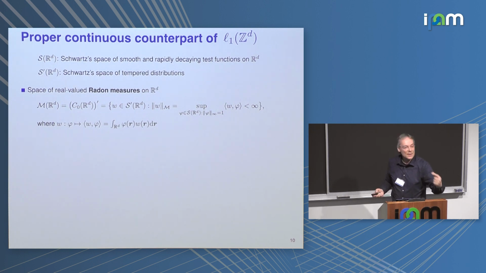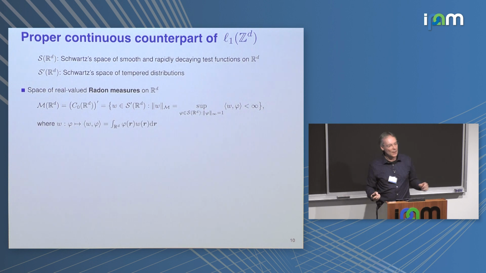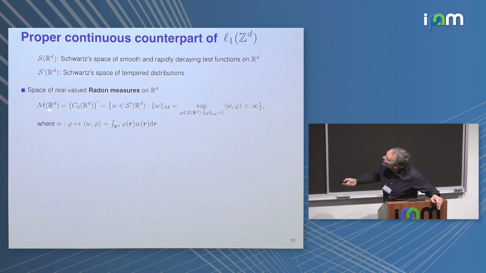But we need in the continuous domain a counterpart of L1, and it's not capital L1, it's actually the space of bounded measures or Radon measures over Rd. I call this space M(Rd), and it's actually the topological dual of the space C0, which are the continuous functions that are decaying at infinity.